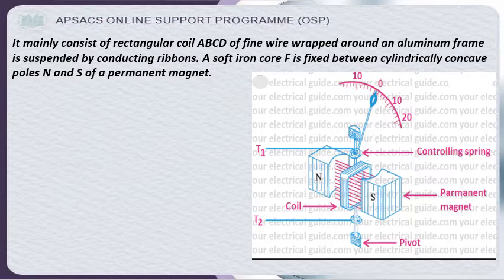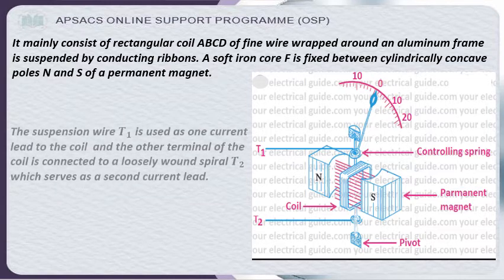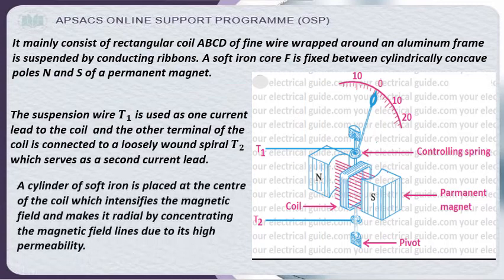Now for the construction as well as working of this galvanometer, as you already know about the important parts, I am again explaining from this figure. This is the permanent magnet, north-south pole, and the rectangular coil that is wound on a cylinder.